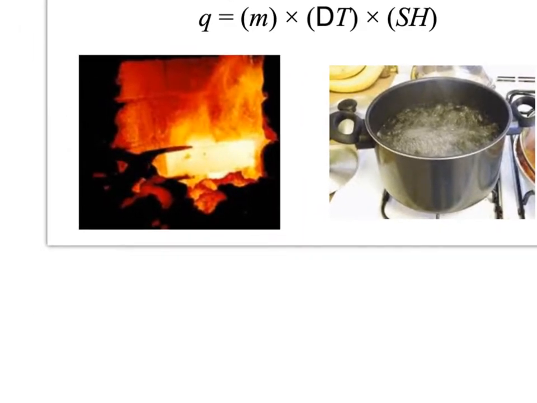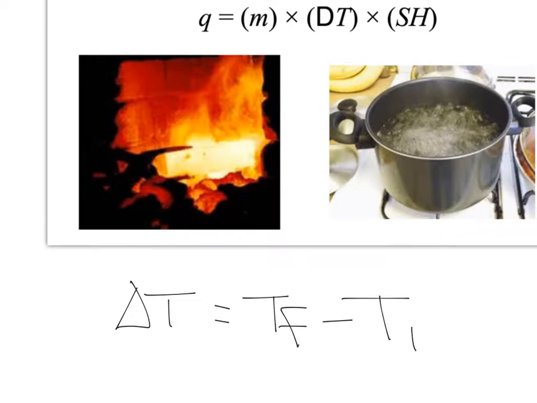Temperature change is going to be delta T. It's going to be the final temperature minus the initial temperature. The units of heat, or Q, are going to be either in joules or calories, depending on what type of units we use for the specific heat.